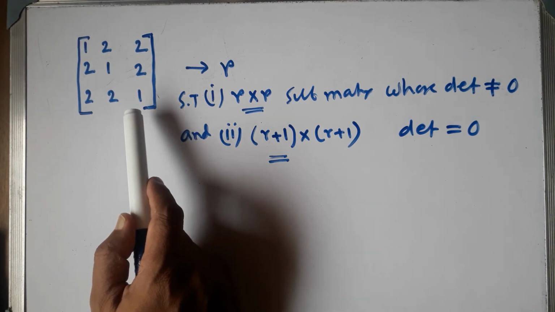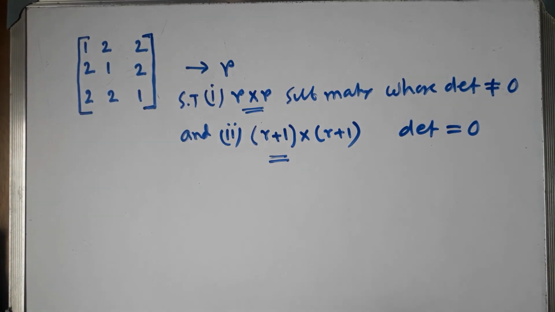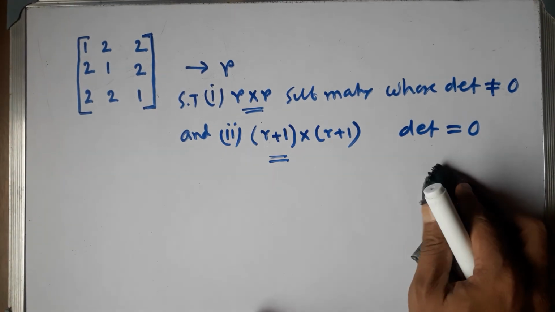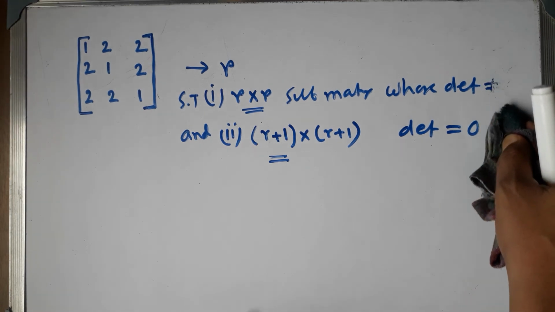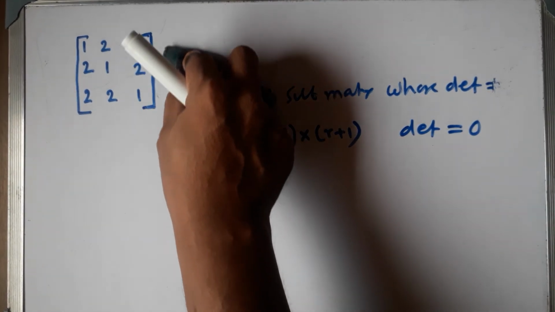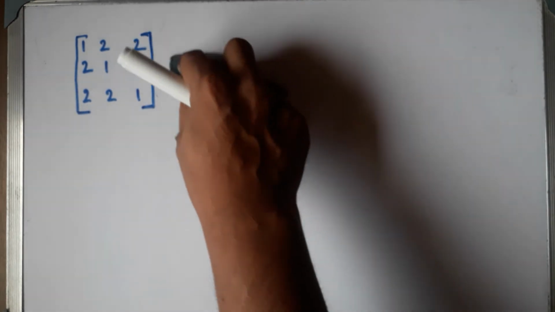Now we can calculate the rank of a matrix by using some operations. These operations are known as elementary operations. We can apply 3 types of operations for which the rank of a matrix remains unaltered.